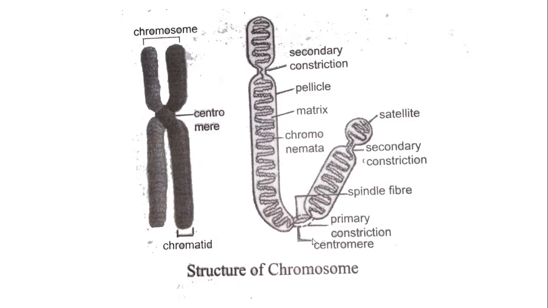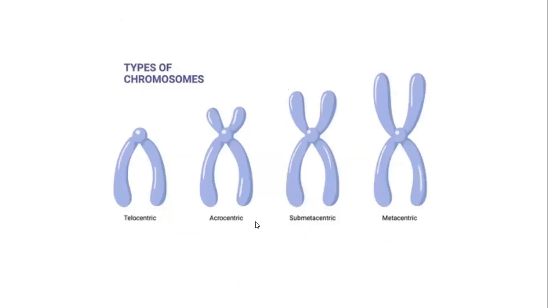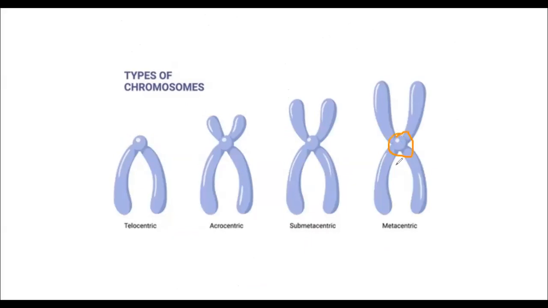Now, based upon the centromere, the primary constriction, the chromosome can be divided into 4 types. If the primary constriction is at the center, which is generally there, we'll call it metacentric.